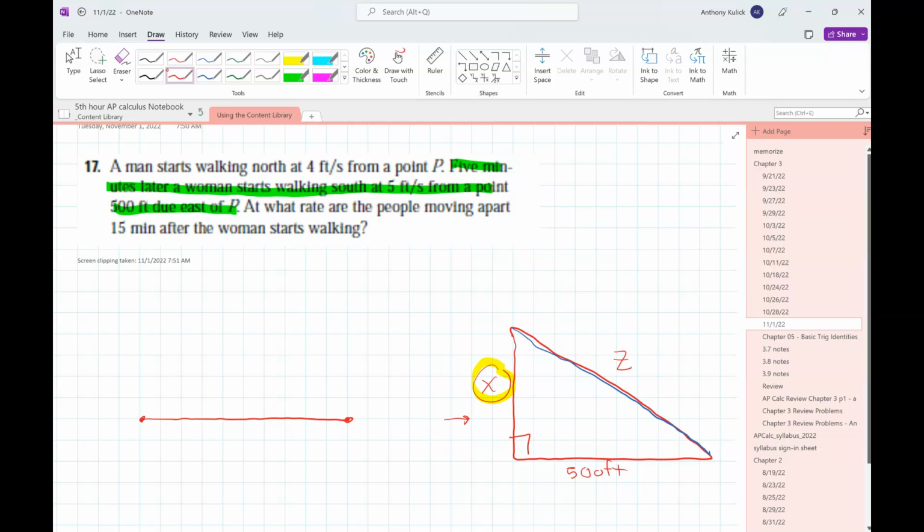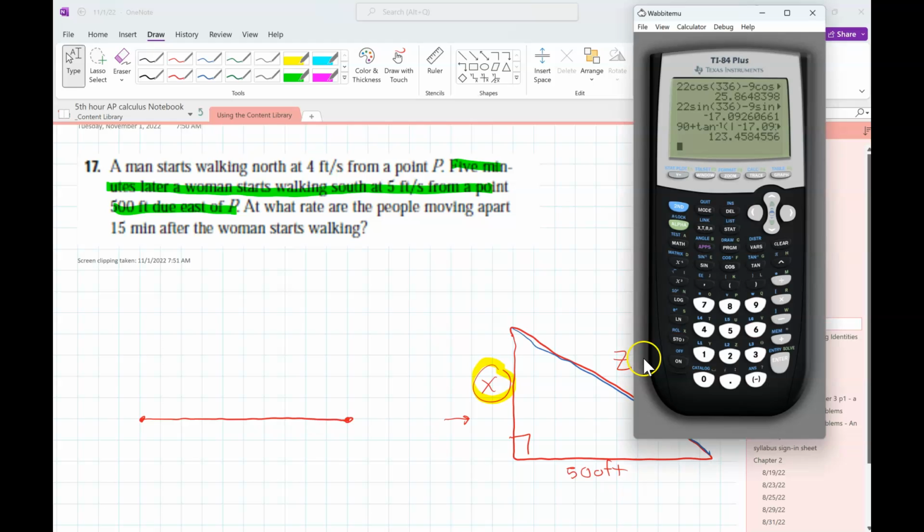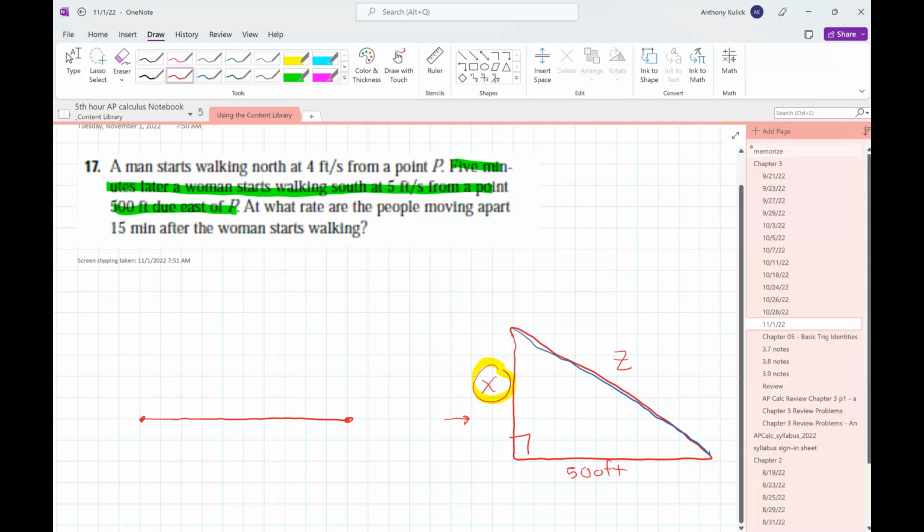So 4 feet per second for 5 minutes. How long has that been? 4 times 5 times 60, right? So that's 1,200 feet.